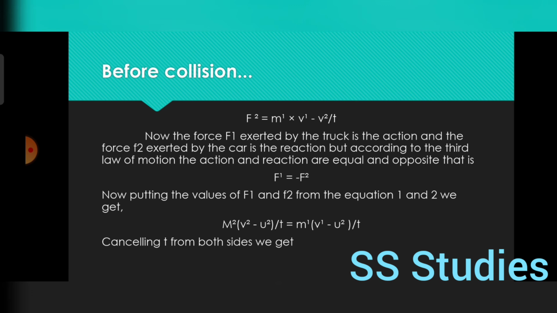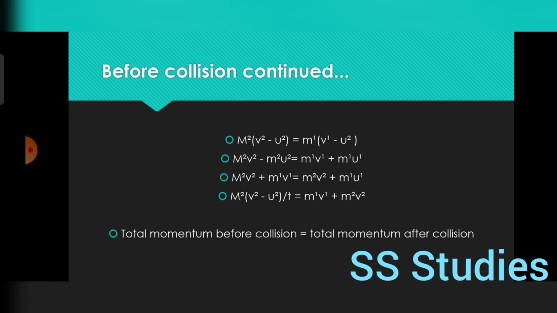Cancelling t from both sides, we get m1v1 plus m2v2 equals m1u1 plus m2u2.